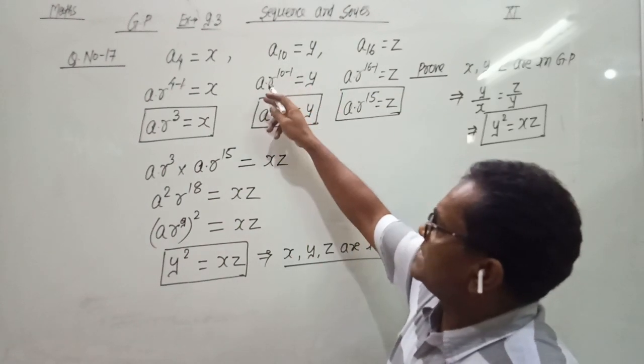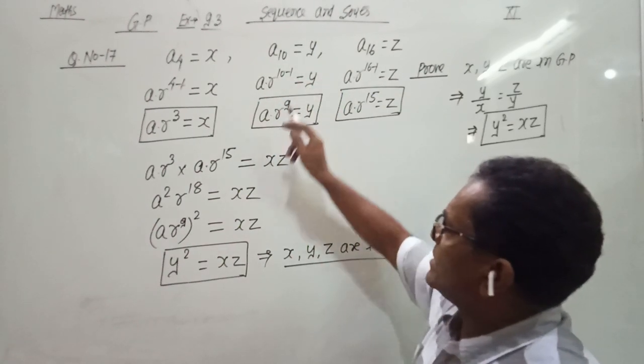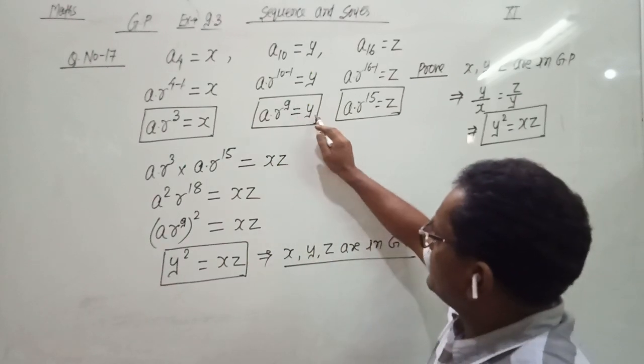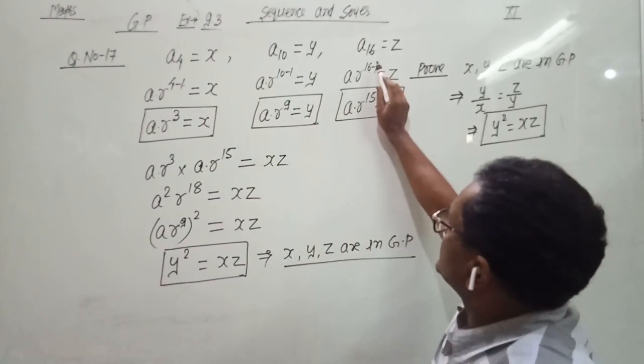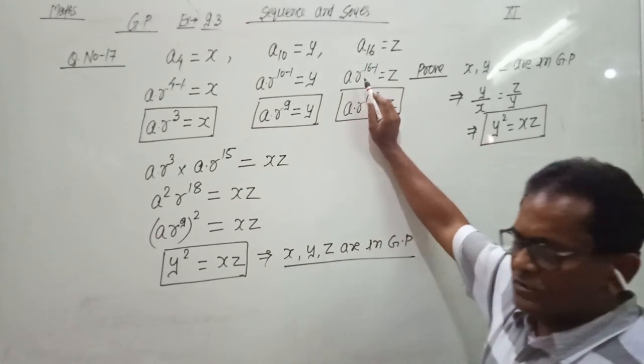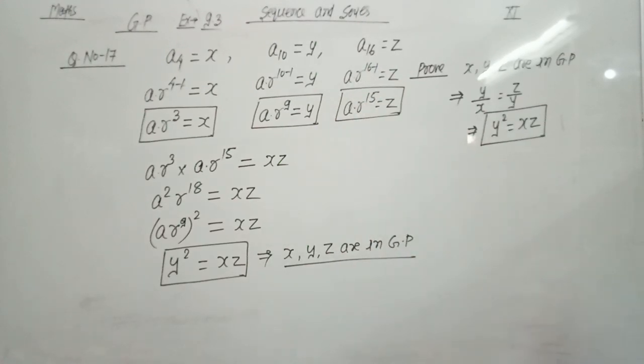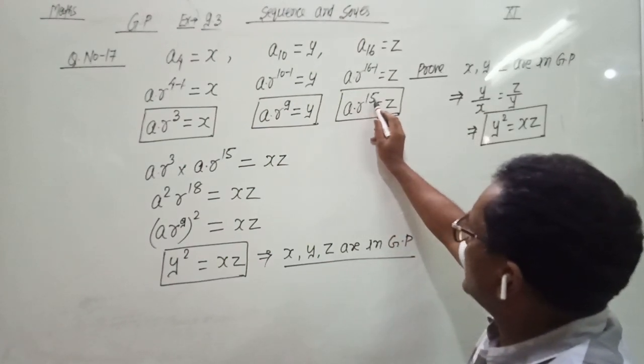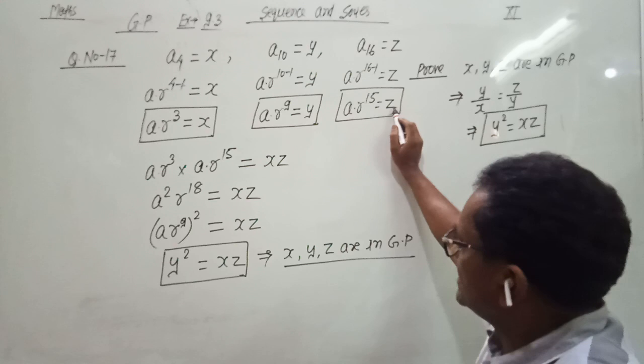The 10th term is y means a into r raised to the power 10 minus 1 equals to y, means a into r raised to the power 9 equals to y. The 16th term is z, so a into r raised to the power 16 minus 1 equals to z. So a into r raised to the power 15 equals to z.